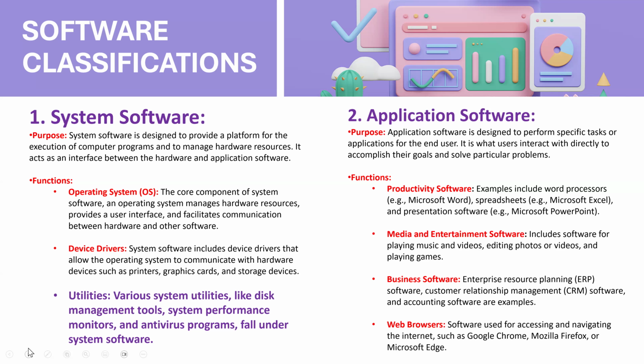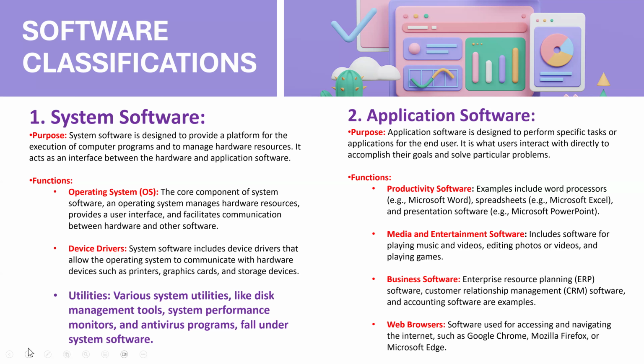So we have a lot of functions for the system software. You can see why I said that utilities are always considered as part of system software, because we now have what we call the operating system. Whenever you hear operating system, you are talking about the core component of that system that manages everything, be it hardware resources, the interface, or facilitating communication. You also have what we call device drivers.